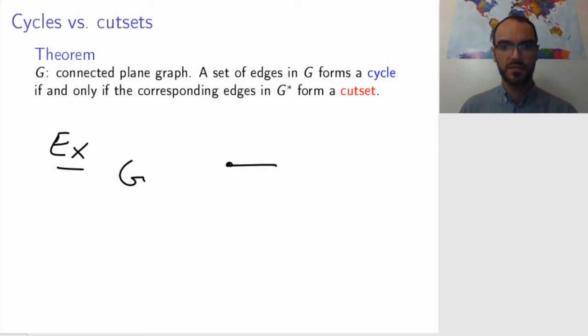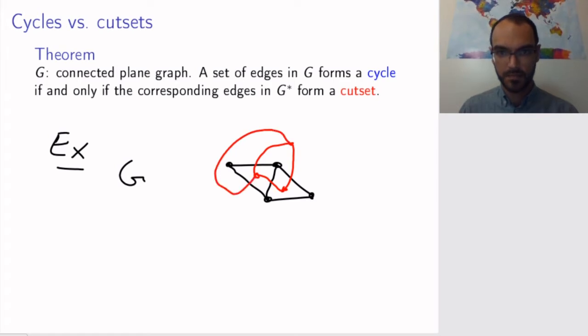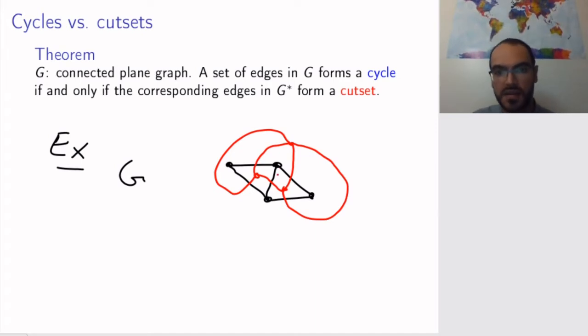So if we have this graph G, and then we form G star, so we do this. And then one cutset is, for example, the edges of this triangle. One cycle is this triangle.